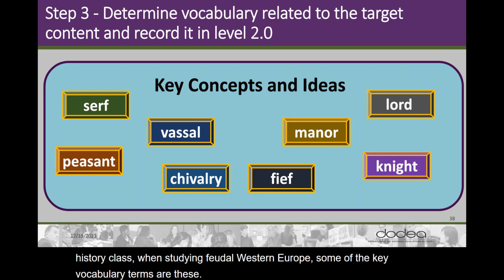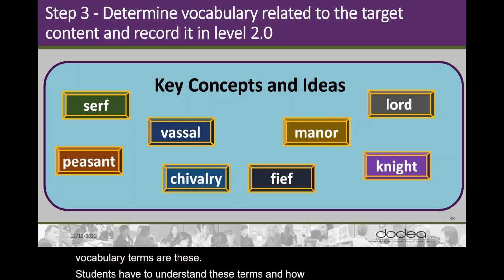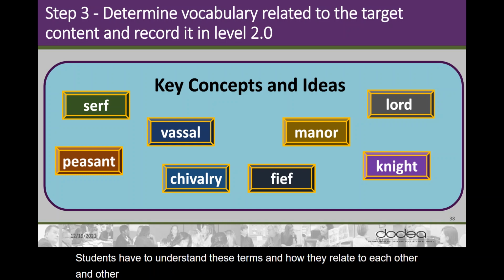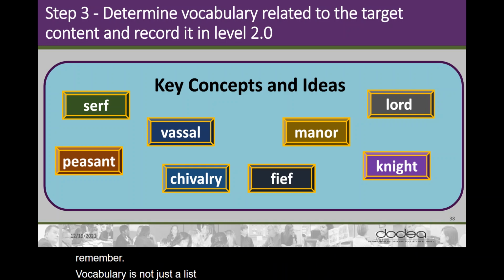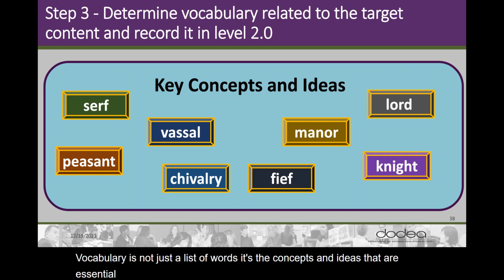Students have to understand these terms and how they relate to each other and other concepts in order to master the standard. Now we want to remember, vocabulary is not just a list of words. It's the concepts and ideas that are essential for students to understand your content.